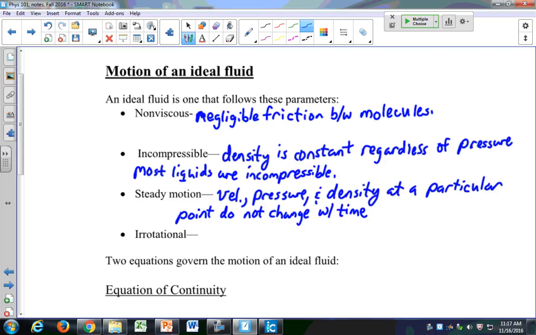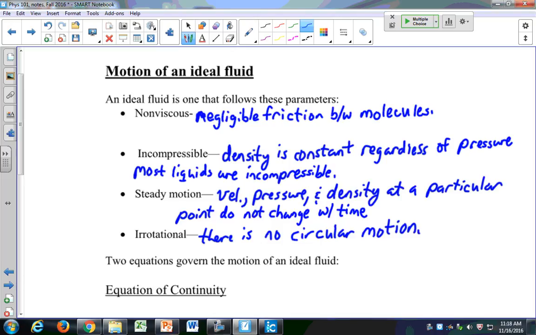All right, so at a particular point, the velocity, the pressure, and the density will always be the same. And then also irrotational. That means that there's no circular motion. All right, so for example, water flowing through a pipe is ideal because it's not twirling around.